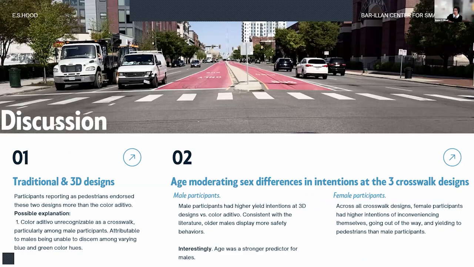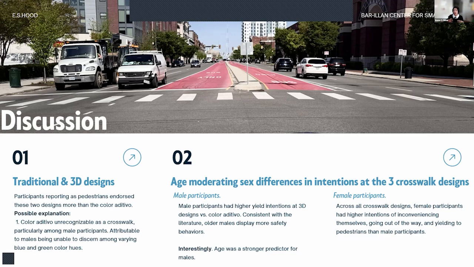So for the traditional and 3D designs, participants reported as pedestrians endorsed the 2 designs more than color additivo. Like I said, a possible explanation was that color additivo were unrecognizable as crosswalks, particularly among male participants.